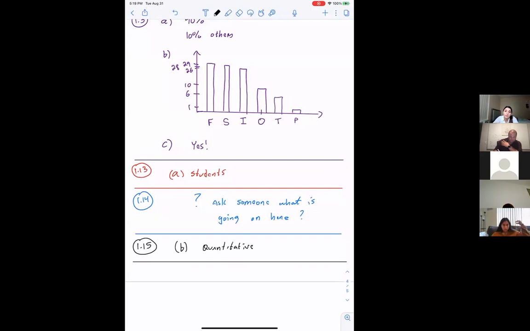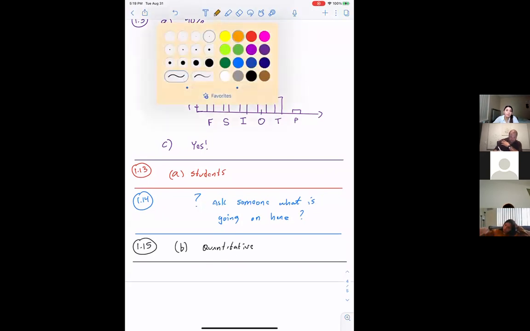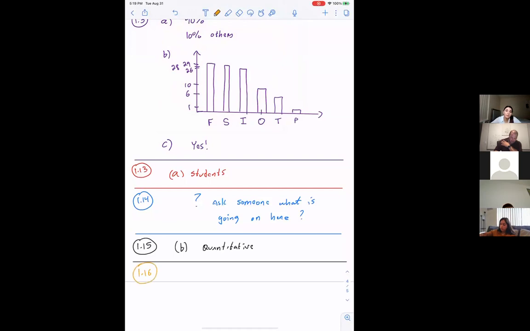Question 16. Let's go orange. A political party's data bank includes the zip codes of past donors. The zip codes are quantitative, categorical, or unit of measurements? Uh-oh, I hit a bad button.